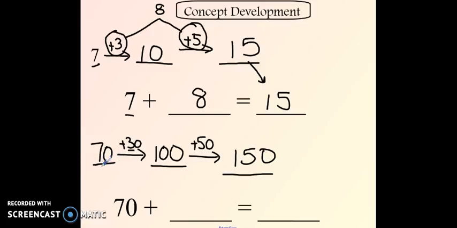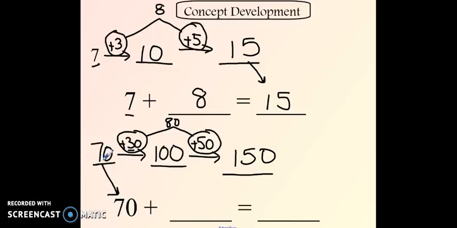So here's my starting number, 70. So I write 70 plus, and now I have to take a look at the numbers I added to 70. So first I added 30, and then I added 50. Together, 30 and 50 equals 80.